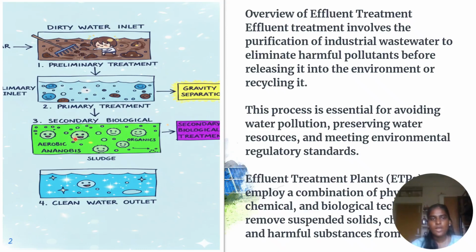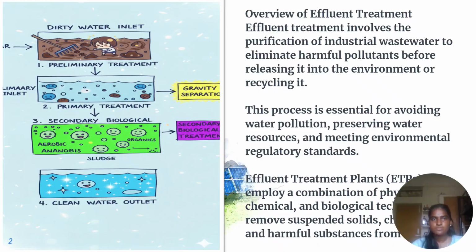Then we use anaerobic and aerobic bacteria to break down the organic matter into simpler molecules. Then we use chemicals to clear out the pathogenic organisms, and it will be quality controlled, and it will be reused in the environment or for other purposes.